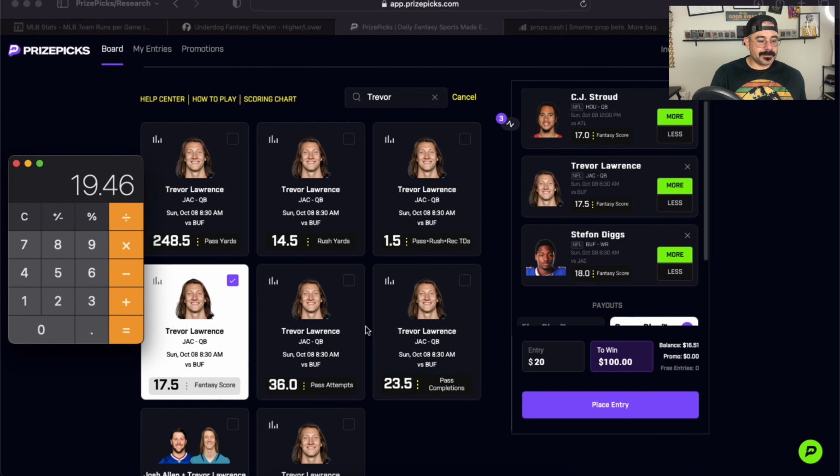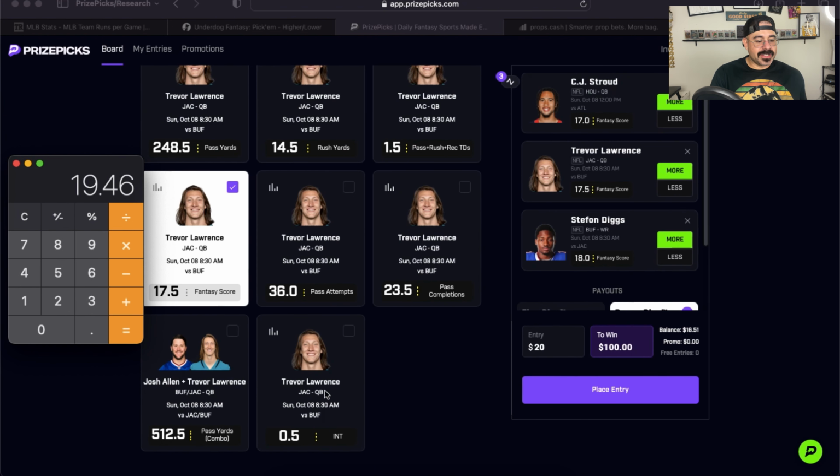and that gives us 19.46 fantasy points. Now, he does have an interception prop as well. So let's say he throws 1 interception Sunday versus the Bills, and that now takes us to 18.46 fantasy points. So we really feel good about this, because we played the bare minimum and we included a turnover in this whole story.